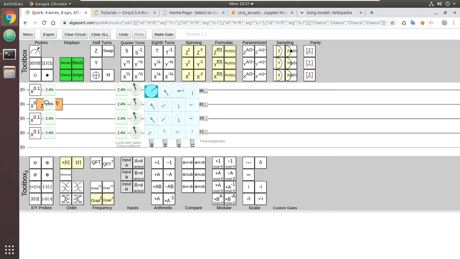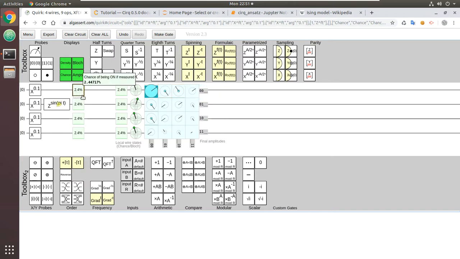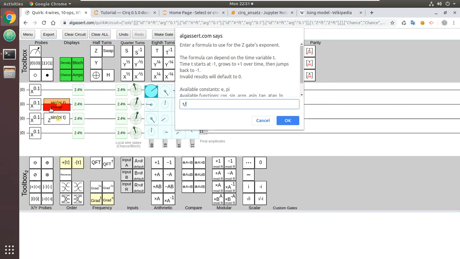Interesting. But as you can see, that doesn't change your probabilities. That's what's confusing me at the moment. We'll fix it.